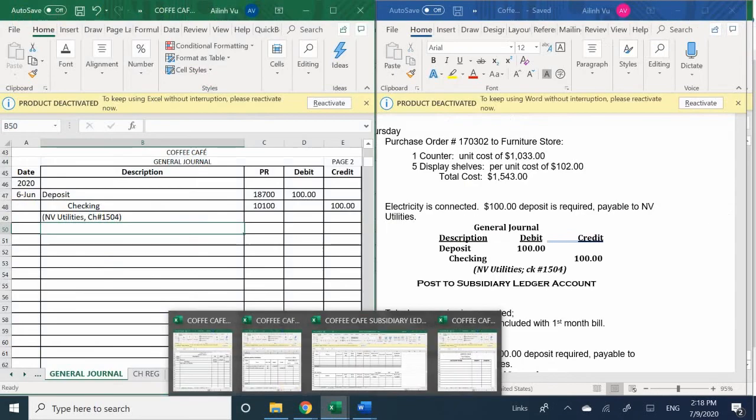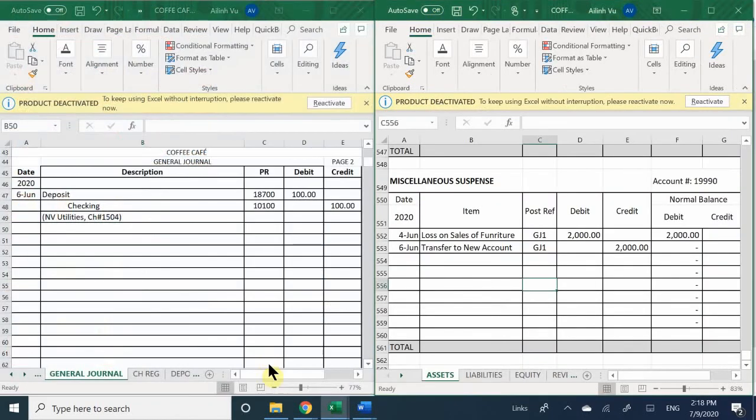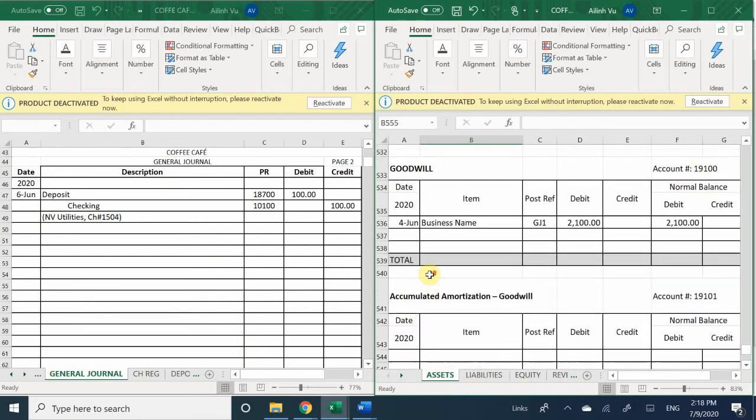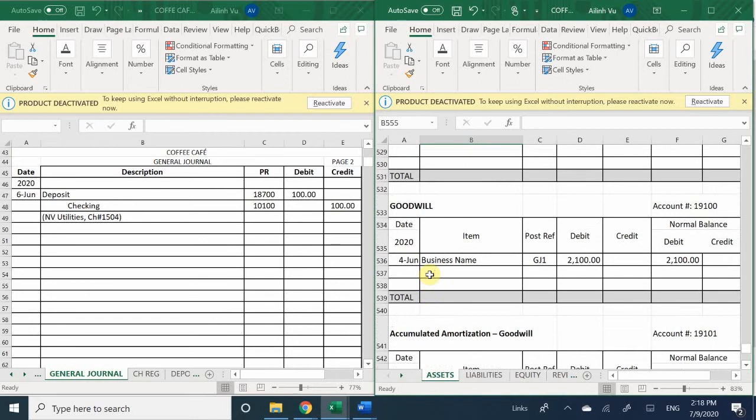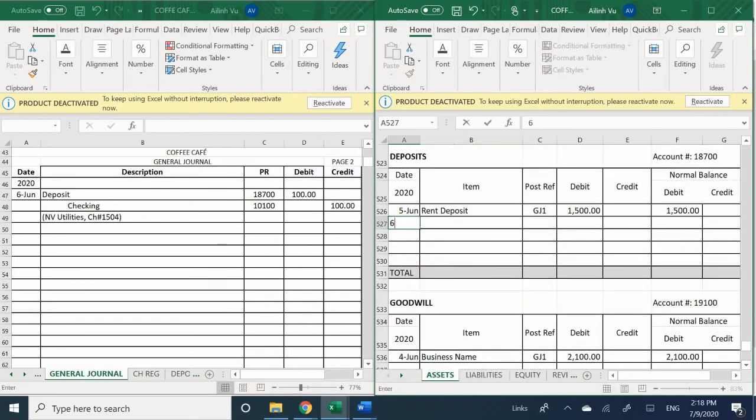To the general ledger. Yes, to the ledger. So we need to go ahead and place the information into their correct spots. So deposit should be on page 15 for you guys. And I'm going to indicate that on the 6th of June, I'm going to write... Don't you have recorded on checking? On the general ledger?